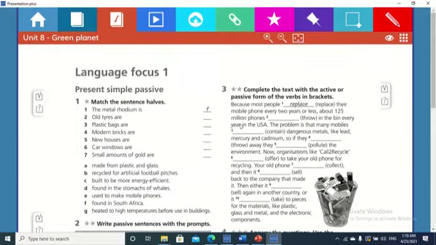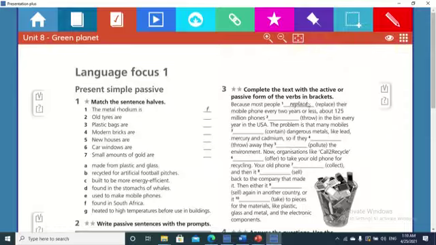What about 3? Complete the text with the active or passive. So just use present simple if it's active. If we start with the doer of the action, it's the subject, so it's active. If we start with the object, okay, then use is, am, are and verb 3. It's present simple passive.